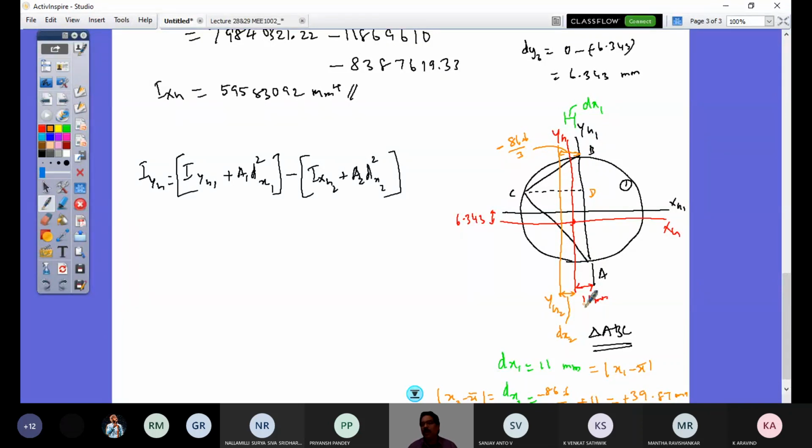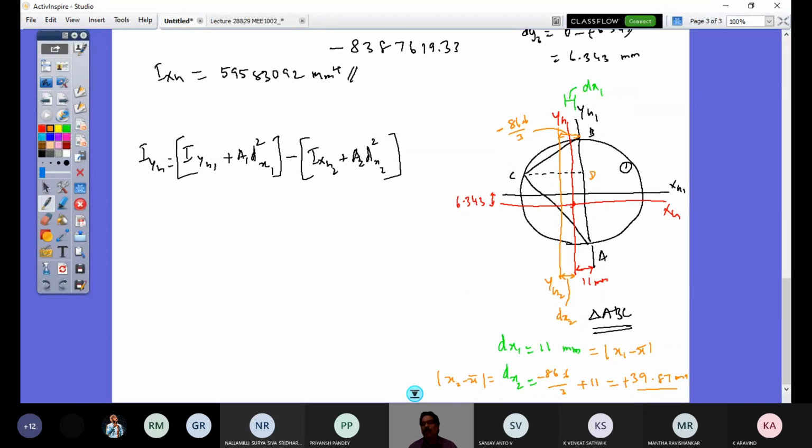So when I have to calculate this distance, it is the modulus of x2 minus x bar. So x2 is now minus 86.6, minus of minus becomes plus. So this is that modulus answer. What is that value I get? That's what I have to put. So that is 86.6 divided by 3, that's 28.86.